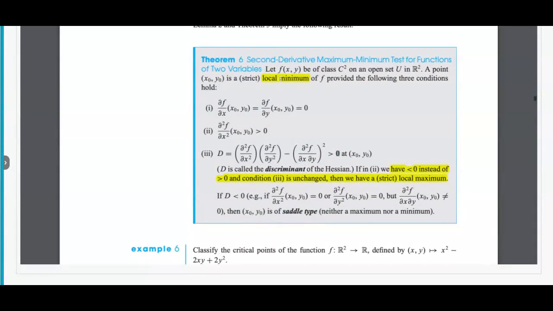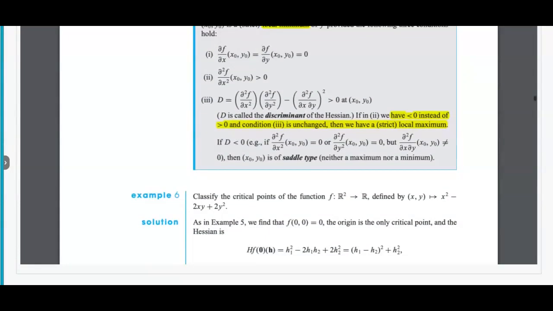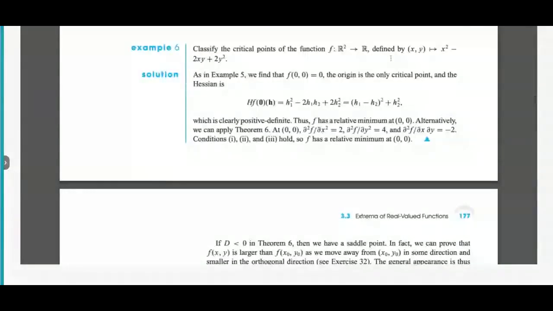All right. So this works together with the first derivative test to classify critical points. Let's see an example. We want to classify x squared minus 2xy plus 2y squared.